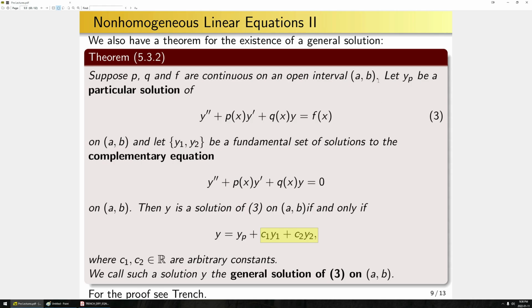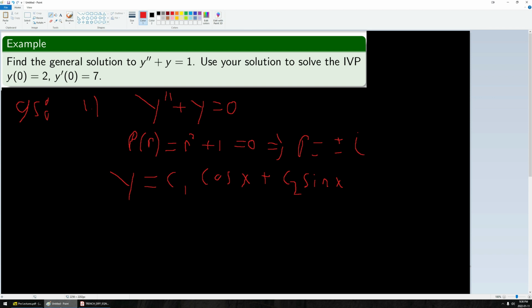Now I somehow need to find a particular solution to this. We haven't shown a technique for finding particular solutions for these, but we can take this whole idea of an ansatz that we've used for other questions and use it here. If you just look at this, I want a function such that if I take its second derivative and then add it to that function itself, I get 1.